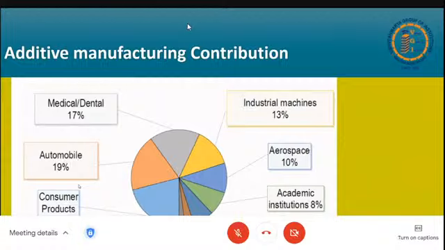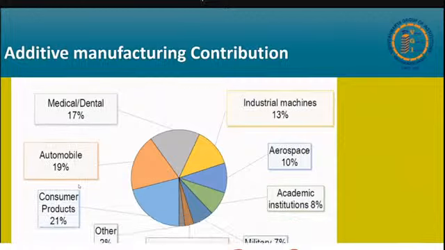Academics also use it to do research and to come up with new ideas. This is the best tool to turn your idea into a physical thing, and there is a lot of scope due to this in research areas. So that also has a major part in the 3D printing world.